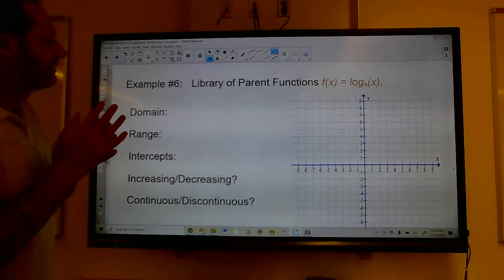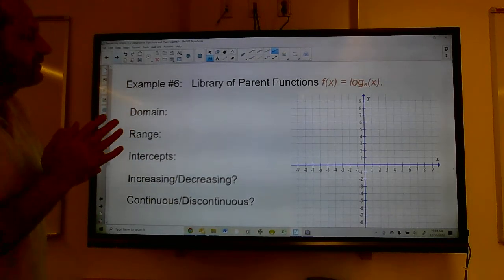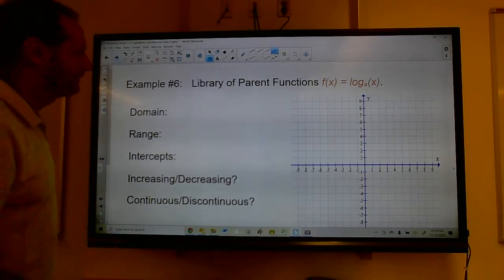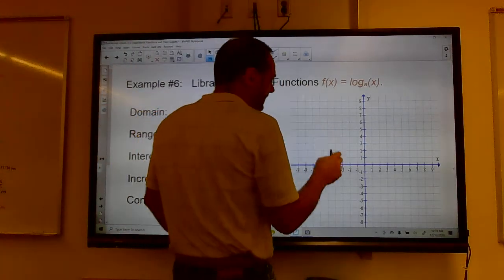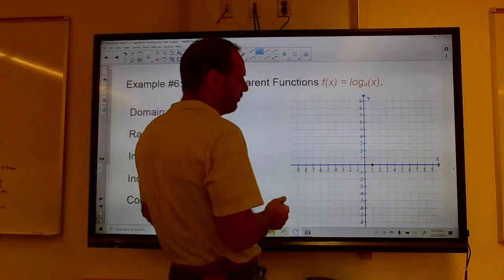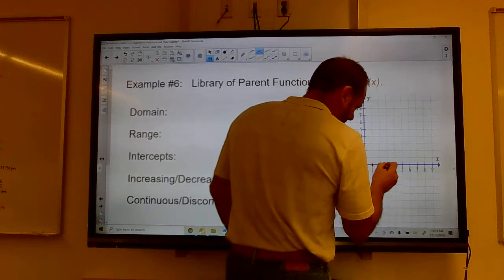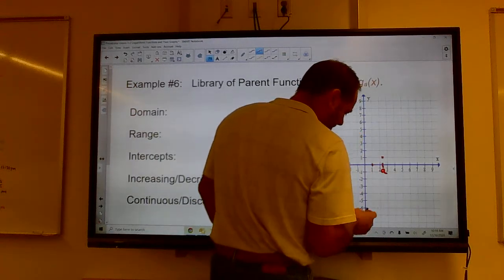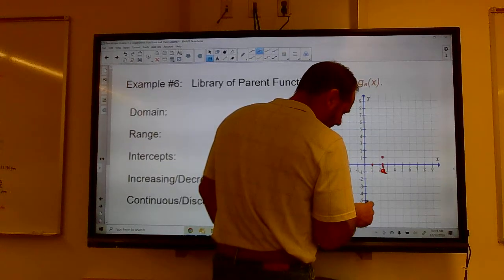So, library of parent functions, f of x equals a log base a of x. Okay, so the domain. So I know it's going to look something like this. It's going to go through that point, and it's going to depend on whatever a is. So if I just put a here, then it's going to go through a, 1. And it's always going to look like this.